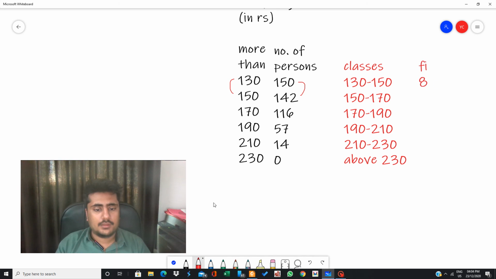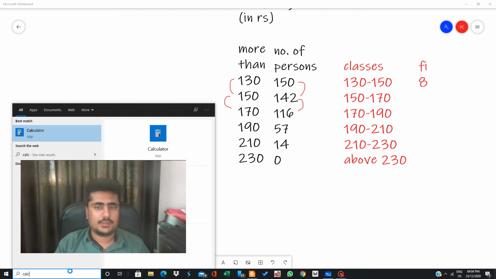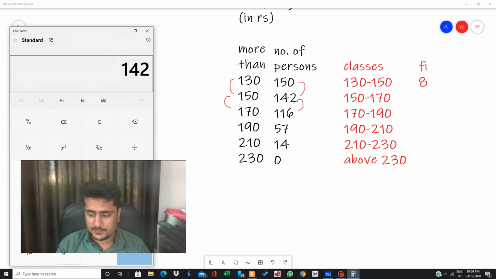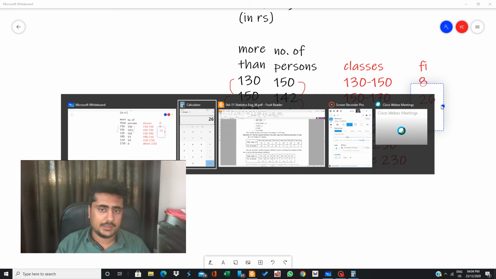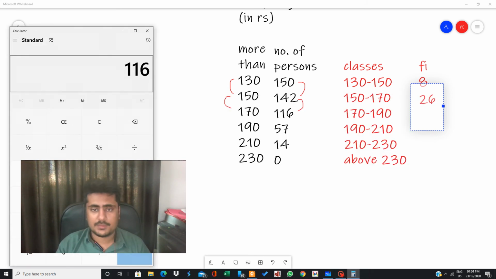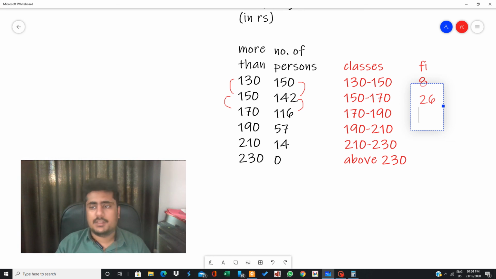Then for class 150 to 170, it's 142 minus 116, which is 26. For 170 to 190, the gap is between 116 and 57.